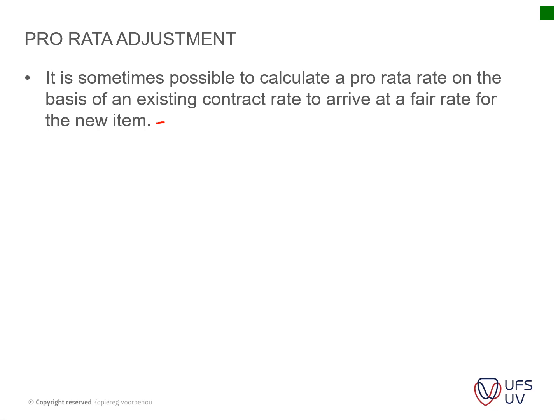For instance, if you've got a roof structure and now you change the roof structure, the rate should change for all the purlins on site. So a good method would be to calculate what would be the cost for a purlin of this size, and then calculate what the rate for a smaller purlin would be, taking the length of the purlin or the square meter area of the purlin if you look at it from the side also.